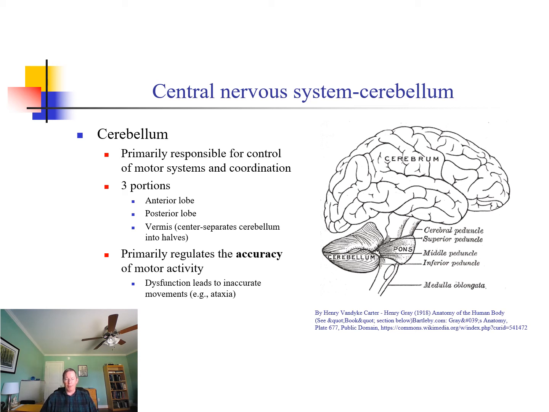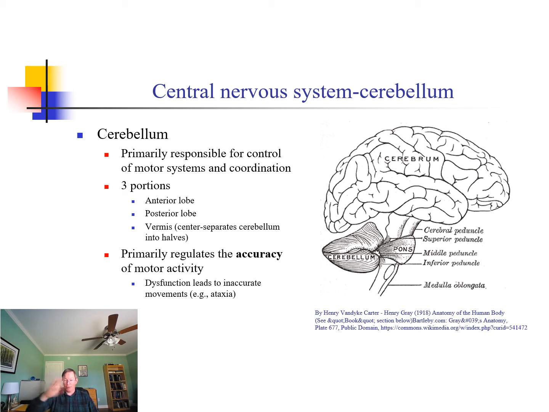Remember that when we talked about Purkinje neurons, there were lots of inputs, and then there was a single output. So trying to get above some sort of threshold to be able to have an output helps with that. And the cerebellum is responsible for the accuracy of motor movements. So for example, for me to take my finger and touch my nose requires great accuracy.